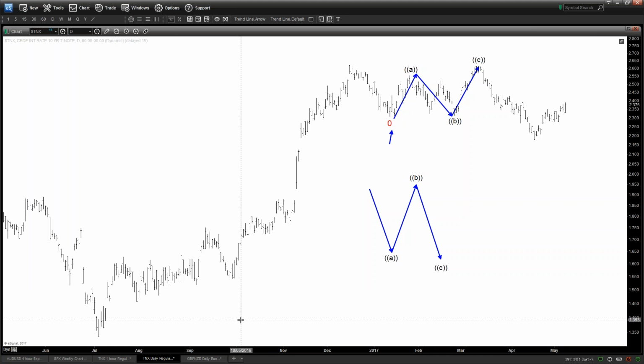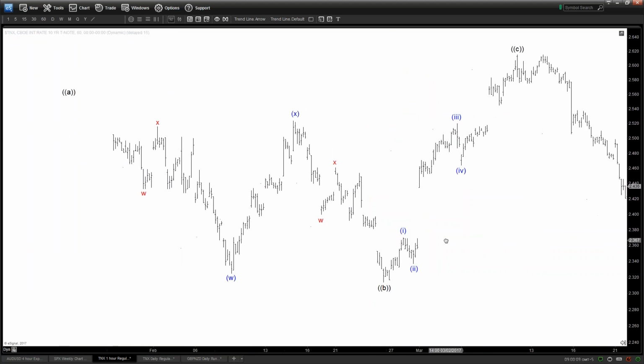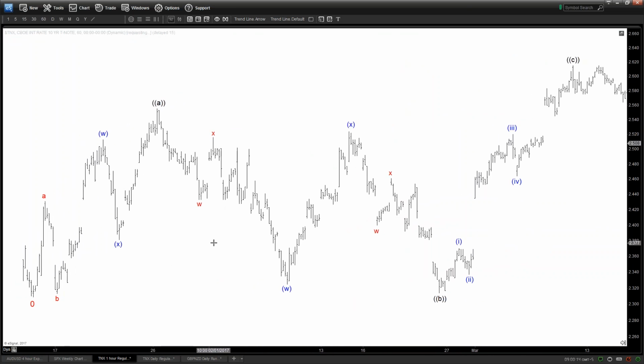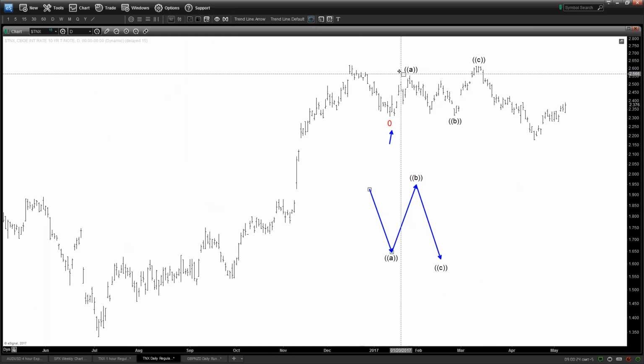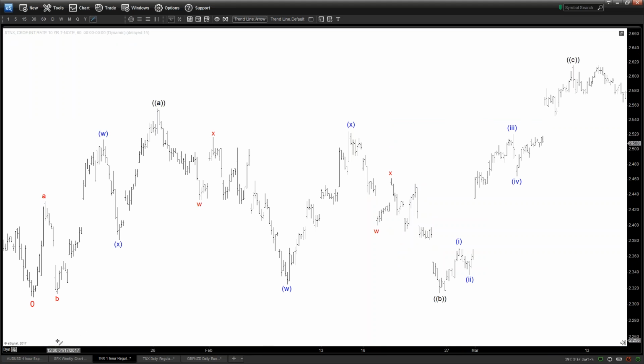A, B, C. Now let's take a look at the smaller time frame of the TNX in the 1 hour, so we can get a better view. Okay, there we go. Now I'm looking at the hourly chart of the TNX. I'm zooming in here so I can get all the internal subdivision. Starting from the 0, I got A, right?